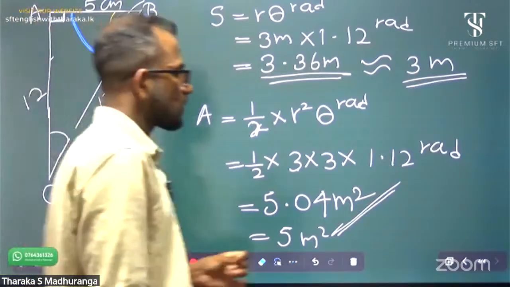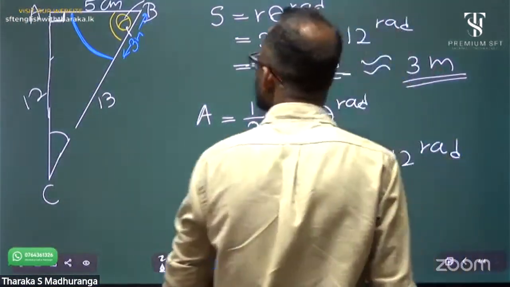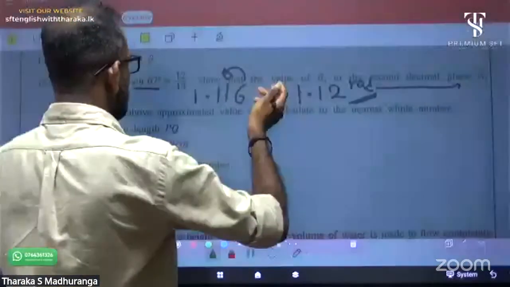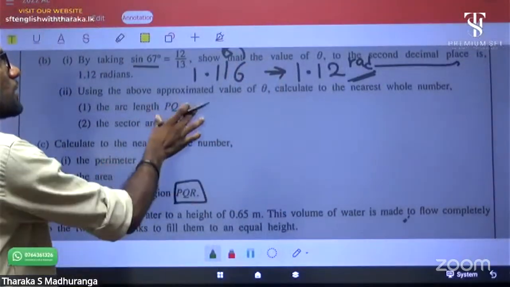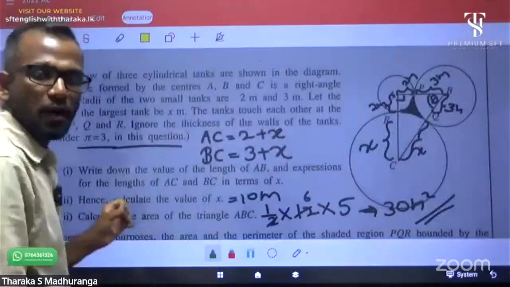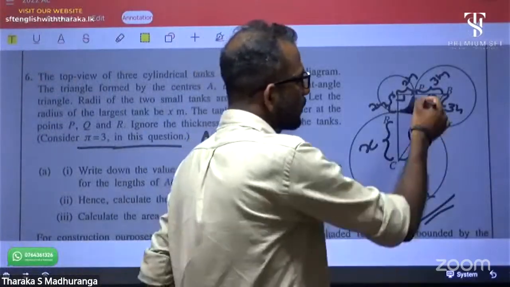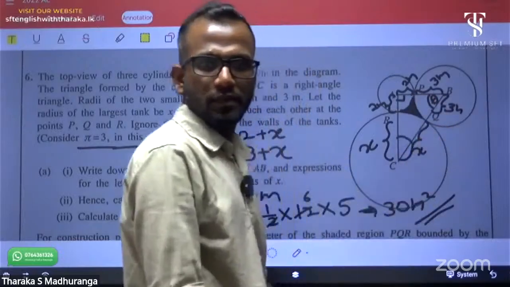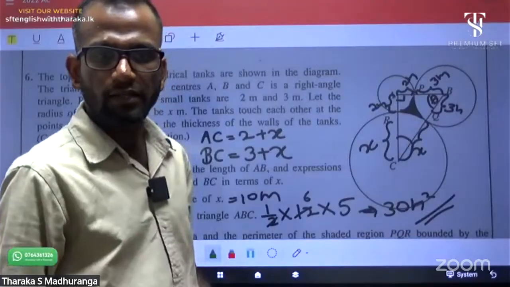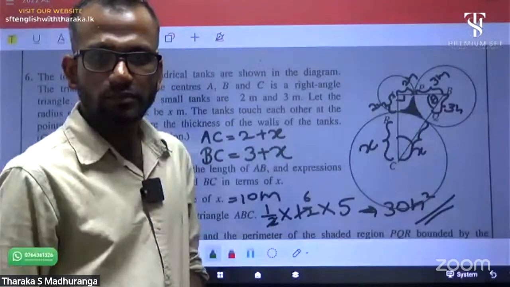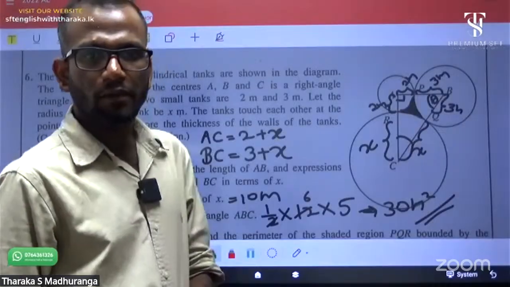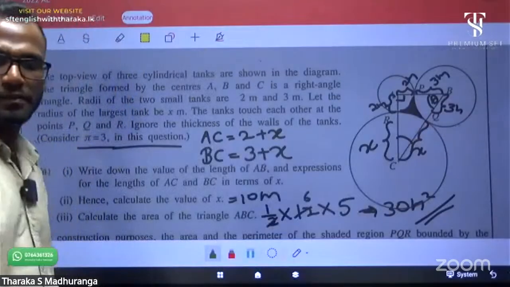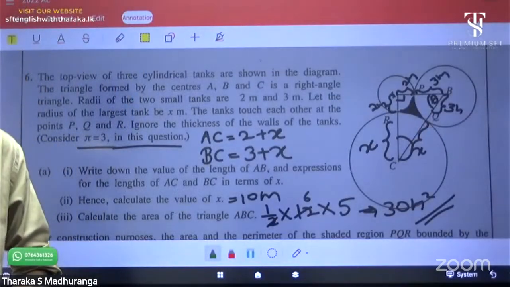Okay. Now it is asking for the nearest whole number, the perimeter of the shaded part. Now, this arc length, okay. What is this remaining angle? Now it is 90 and 67. What is this remaining angle?